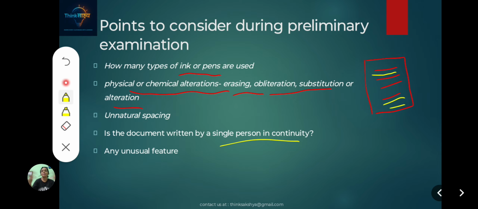Unusual feature can be anything on a paper that you suspect through your physical examination or through your eyes, nothing to do with microscopes, just physically you are seeing it. Is there any unusual feature which you can find? You have to examine that also.